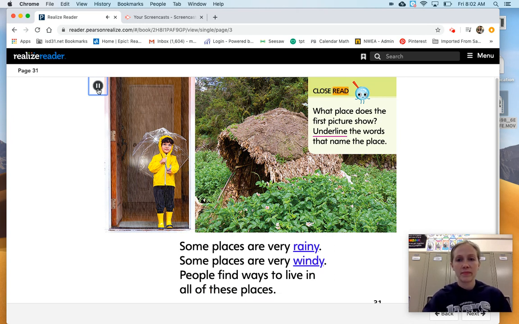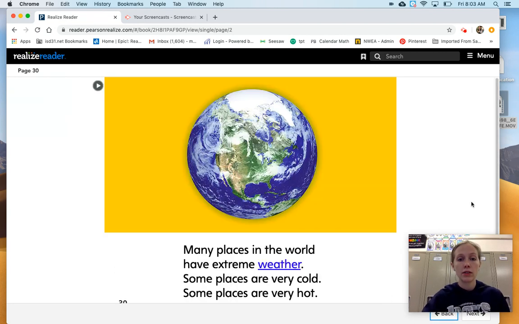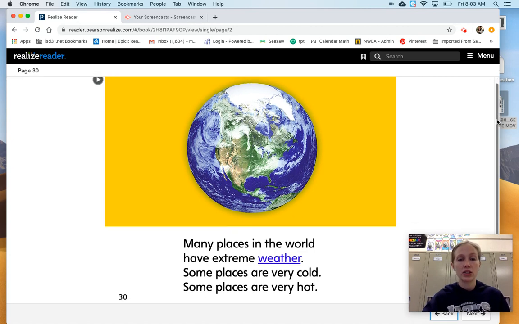Close read. What place does the first picture show? Underline the words that name the place. All right, so if I look on page 30 and 31 in my book and I look at the first picture, on page 30, I see a picture of the world.